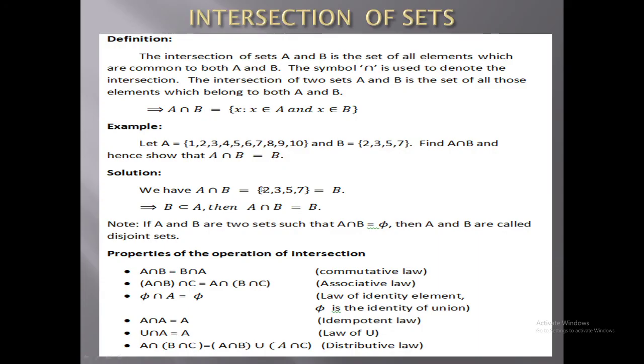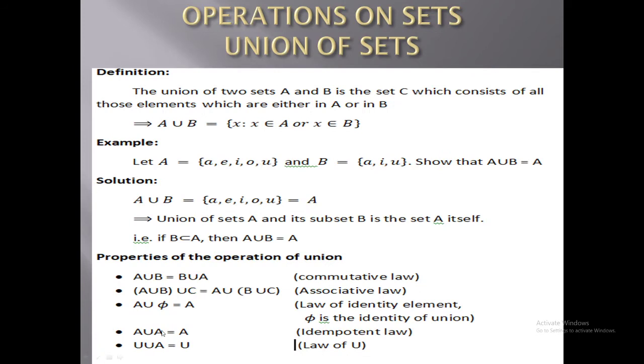Here I am trying to explain the properties of the operation of union. A union B equal to B union A. This is called commutative law. And next one is (A union B) union C equal to A union (B union C). This one is associative law.